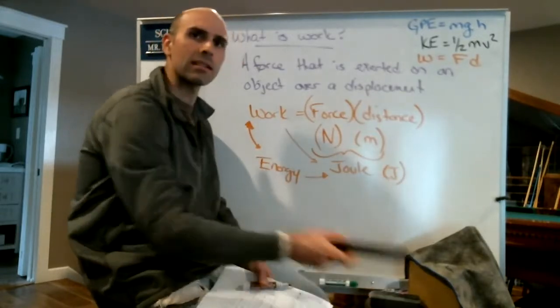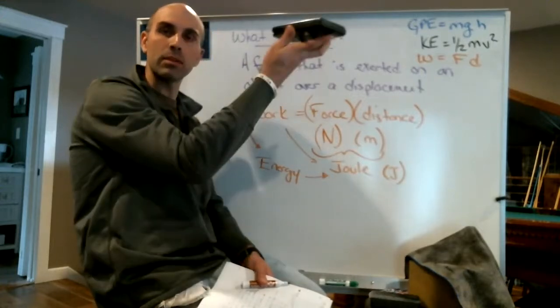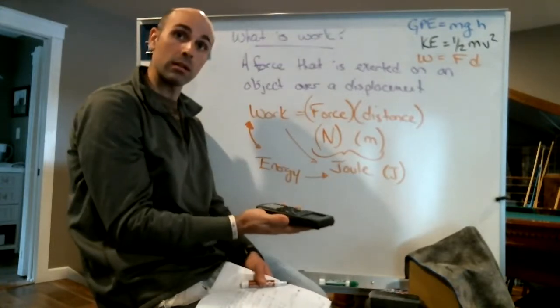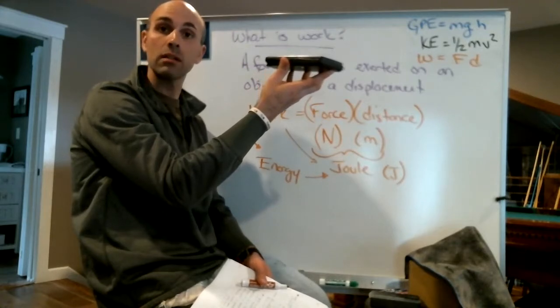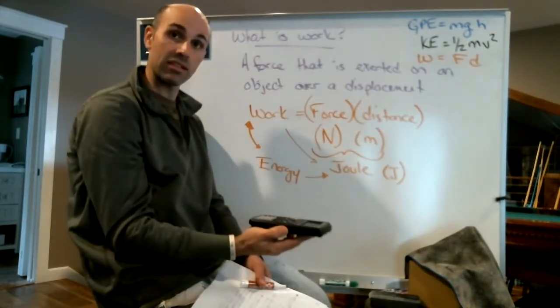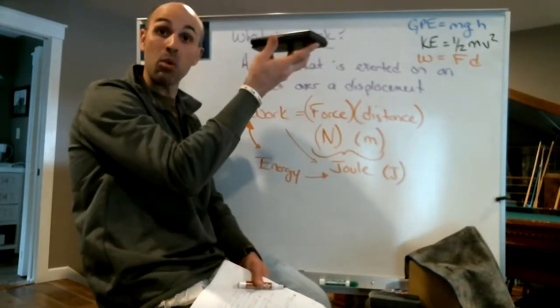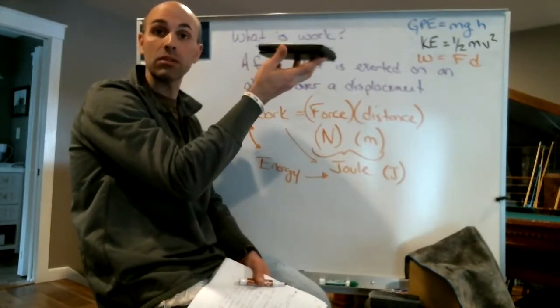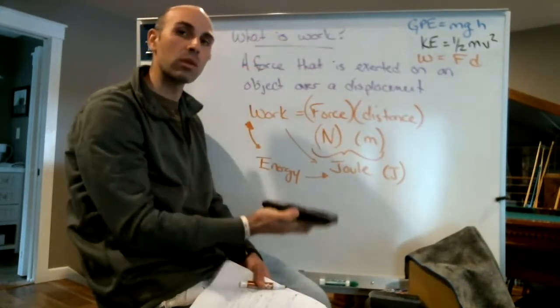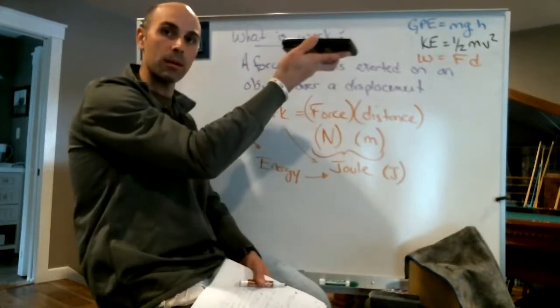Think about me taking this calculator and raising it up. Well, from here to here, I've just given it potential energy, right? Let's say this is 0 height. This is now 0.5 meter. I've just given it potential energy to 0.5 meters. But what did I have to do in order to get it from here to here?